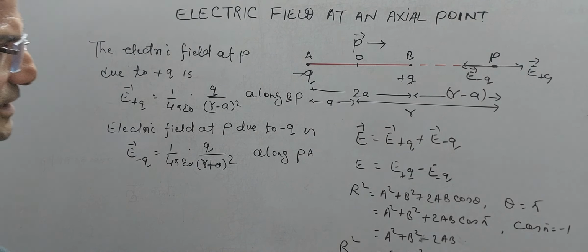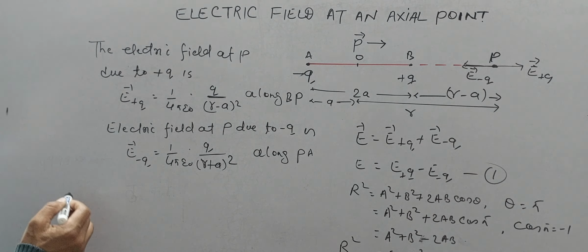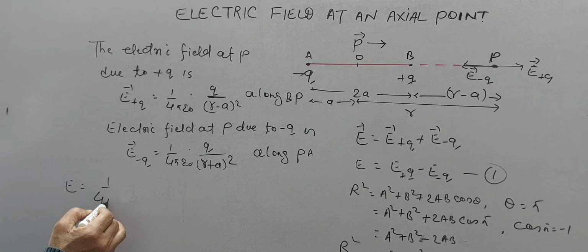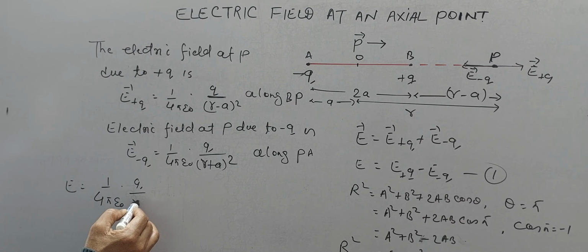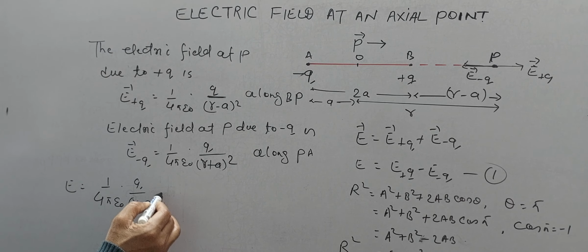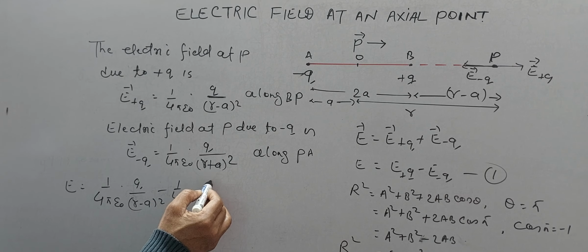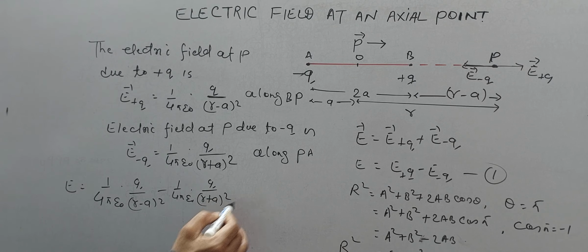Now finally put all these values in equation number one. Equation number one becomes: net resultant field at the point P is 1 upon 4 pi epsilon naught Q upon R minus A whole square, minus 1 upon 4 pi epsilon naught Q upon R plus A whole square.